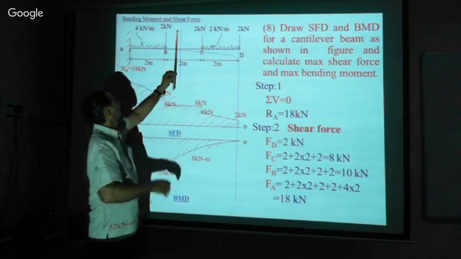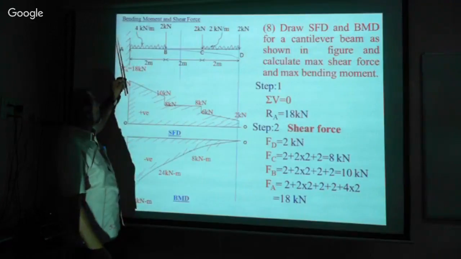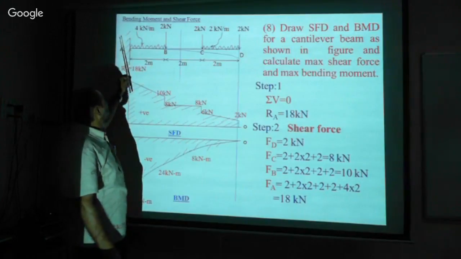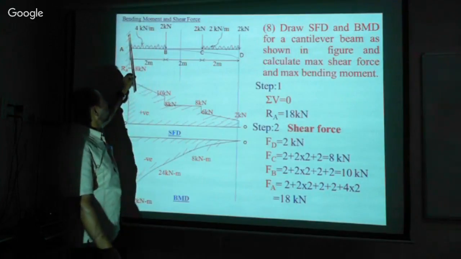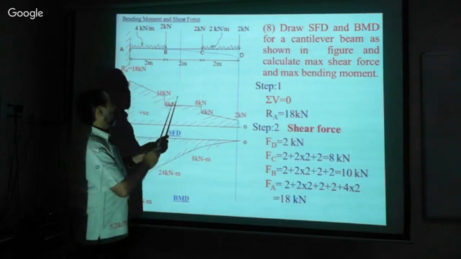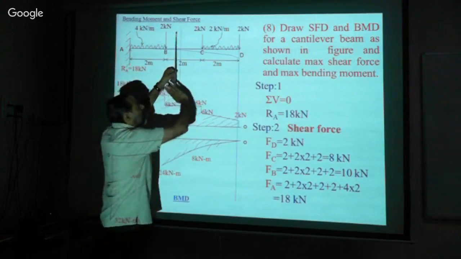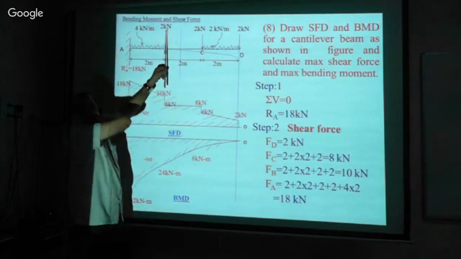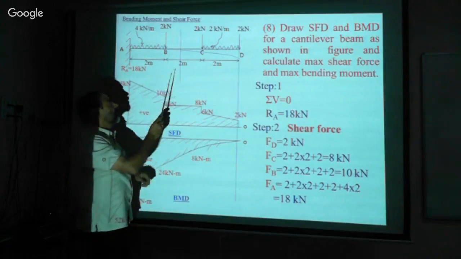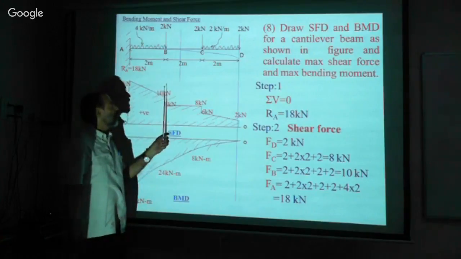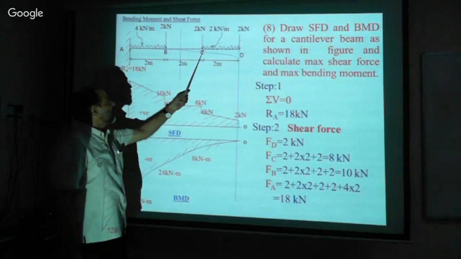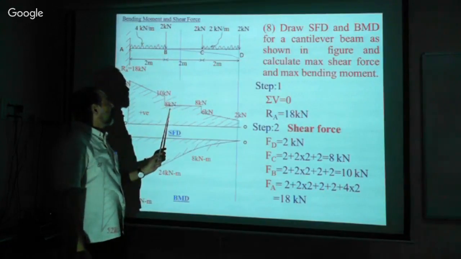If you consider the other side, you will get the same answer. Wherever you calculate the shear force, considering either the right hand section or the left hand side, we will get the same answer. This is how we should calculate the shear force. From here to here, you will get 8 kilonewton.